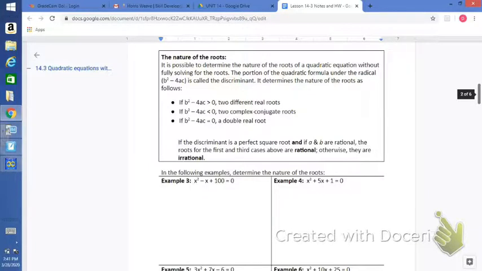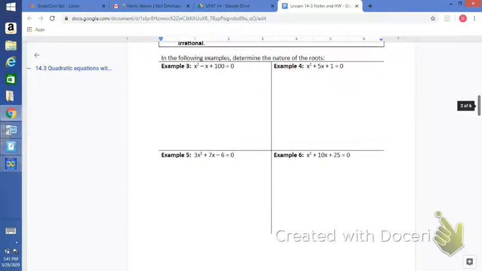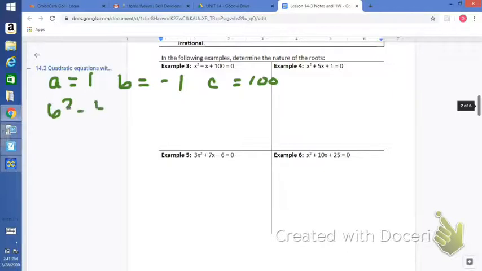Alright, so examples 3, 4, 5, and 6. Determine the nature of the roots. For all of these, find your a, b, and c first. So your a, for example 3, is 1. Your b is negative 1. Your c is 100. So b squared minus 4ac, plug in.